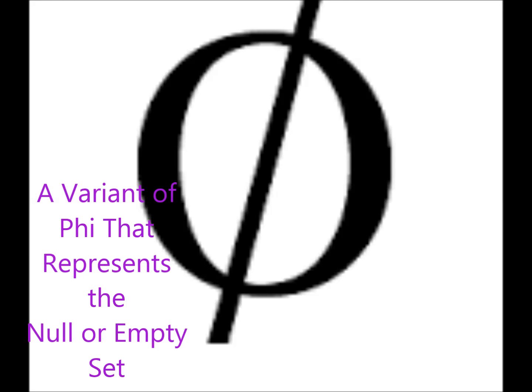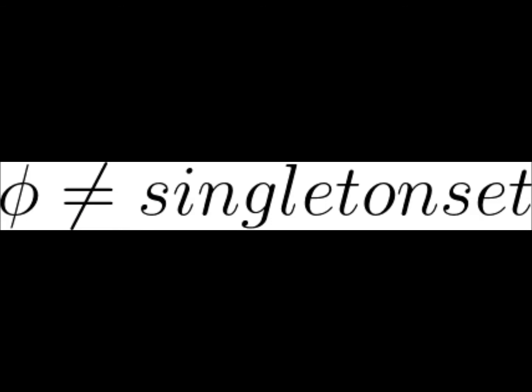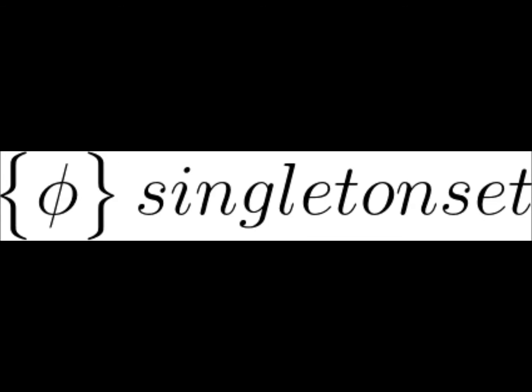Well, it depends on the context. If you have phi, this is not a singleton set because it has nothing in it. To be a singleton set, it must have at least one element. Well, if you do {phi}, it is a singleton set because it contains one element. It's the set of the null set. There's another thing: there is only one empty set. If there were several empty sets, we would refer to them as an empty set, but it's the empty set.